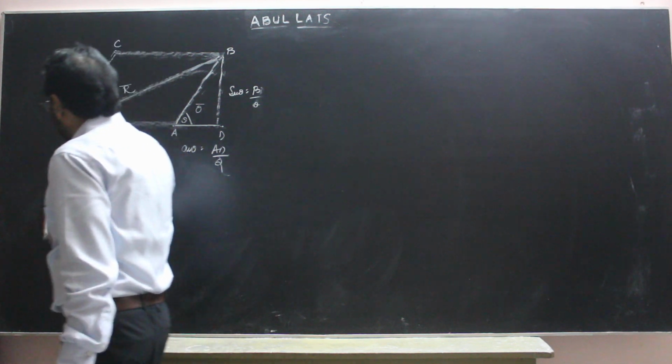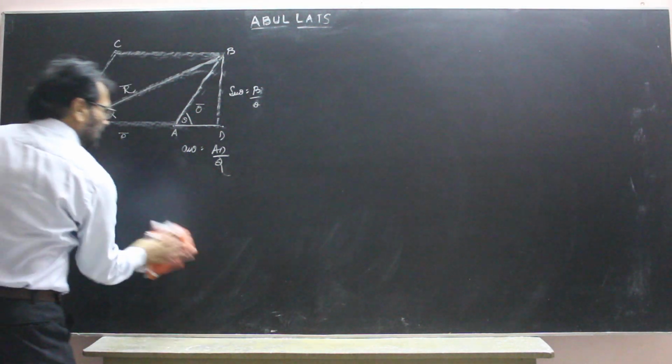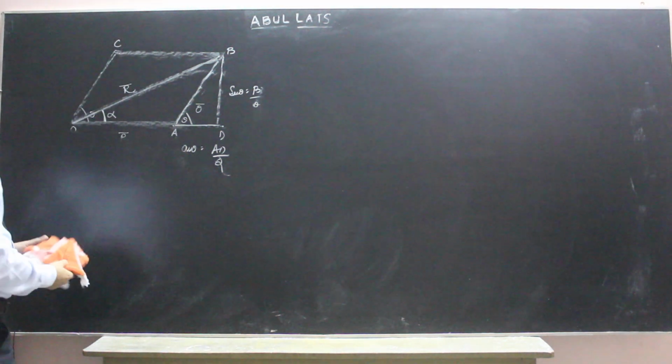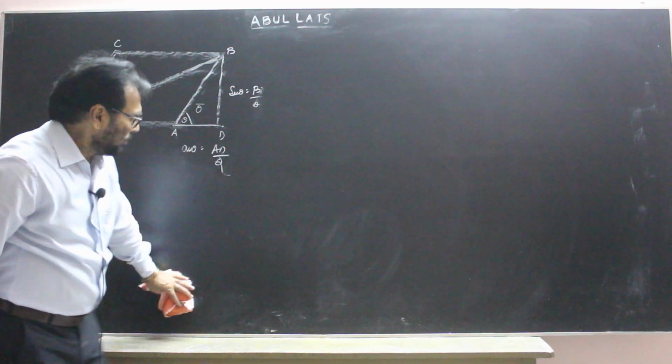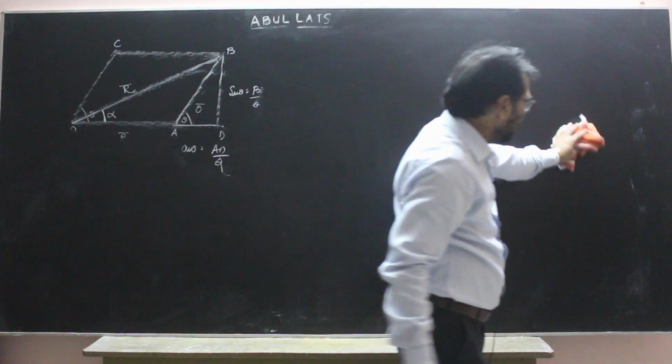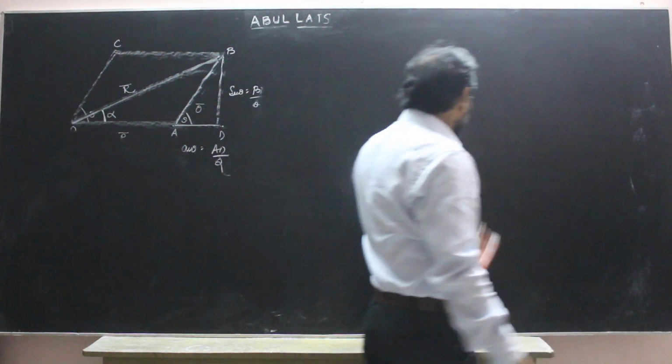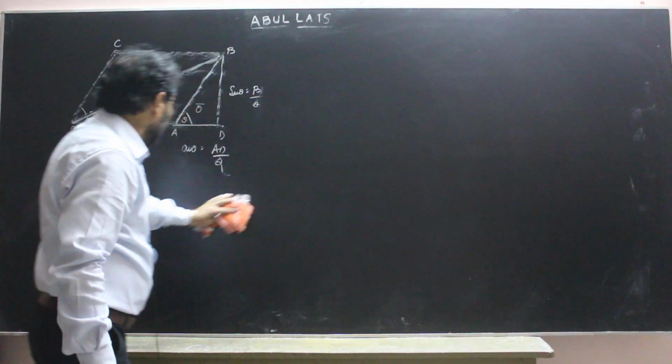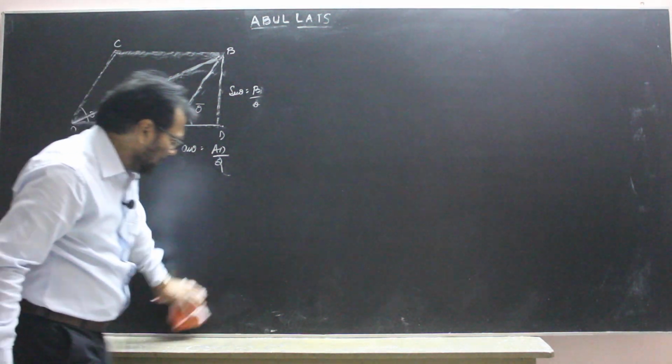That means the resultant makes an angle alpha with the first vector and also beta with the second vector, and both alpha and beta are 30 degrees. That means the resultant of two equal vectors is equally inclined.